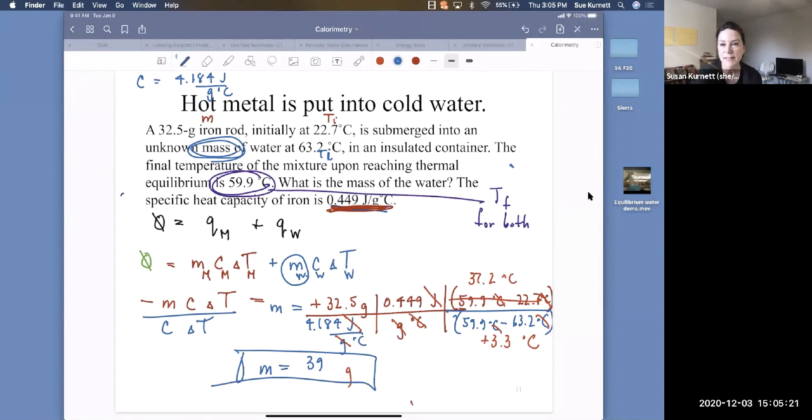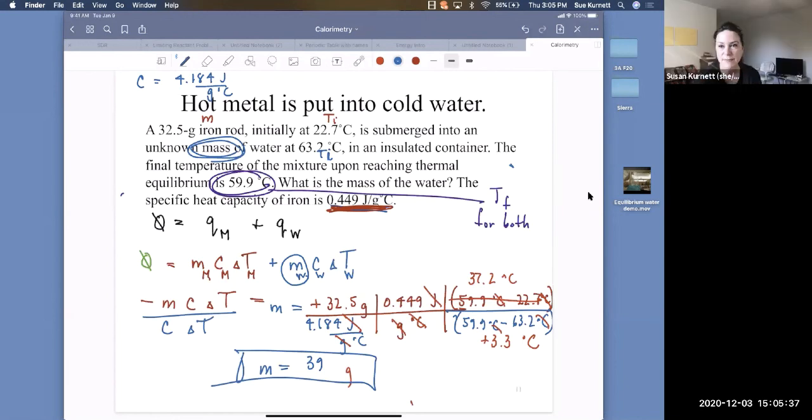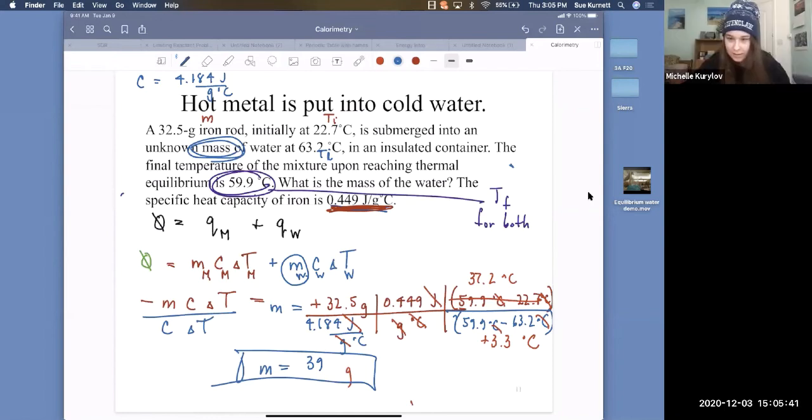Did anybody else get that answer? I got 39 grams. I got that as well. Okay, 2 sig figs? Yes.